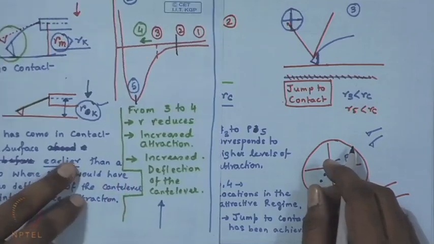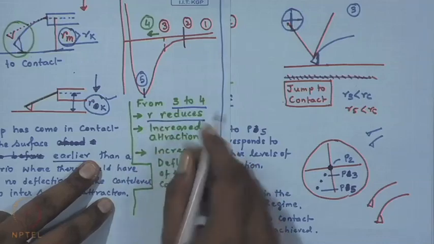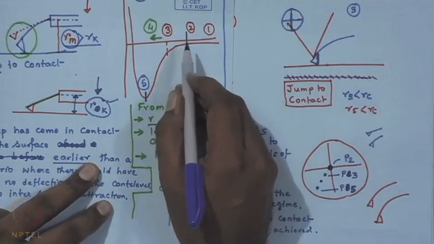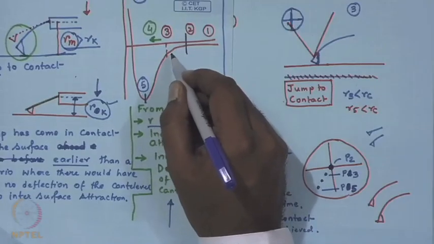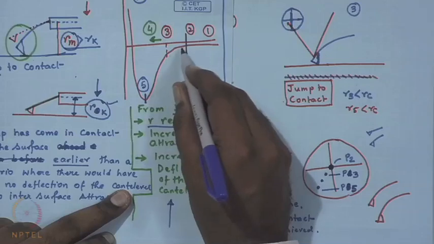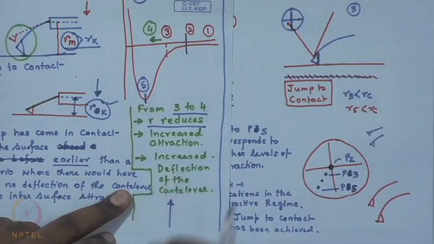So, here we wrote that from 3 to 4 or any point, R reduces, the separation distance reduces. You can see that the separation distance between the tip and the sample surface progressively reduces, and consequently the attractive interaction increases, and this results in increased deflection of the cantilever. Okay. Up to this we wrote.